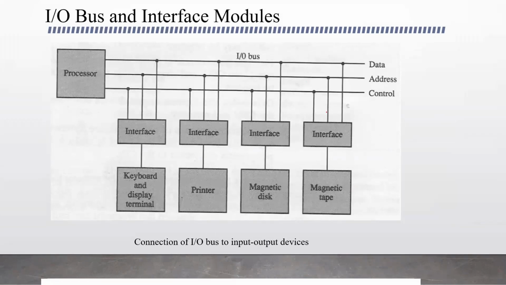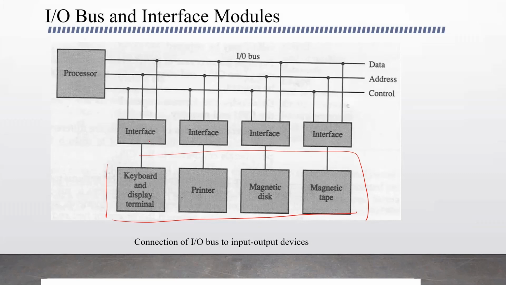Here is shown the connection of the I/O bus, how the internal components are connected to the peripherals, the input-output devices, through the input-output bus. Here we have a set of peripherals and the interface.